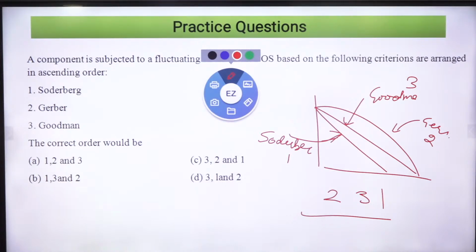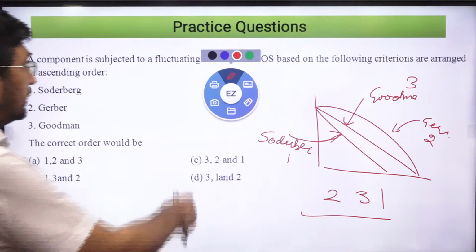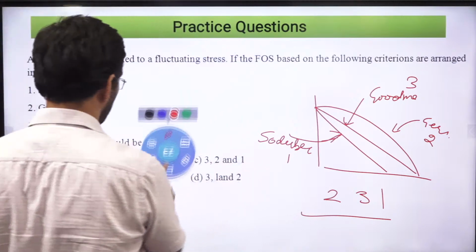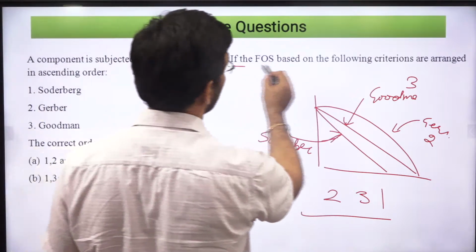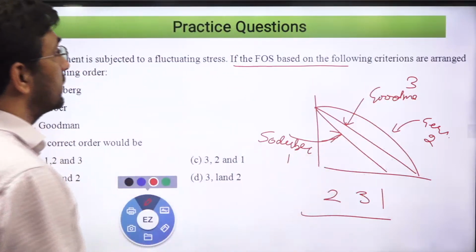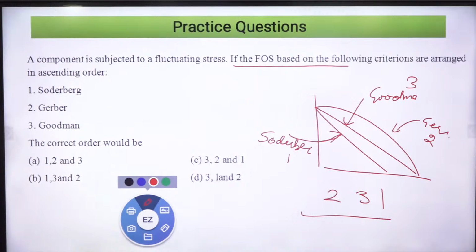So I think this has to be a little off. Maybe he is interpreting this statement in a very wrong way, right? If the factor of safety based on the following criteria are used, then it is going to be A. If you say it that way, then the factor of safety based on the following criteria are arranged in ascending order doesn't make sense.